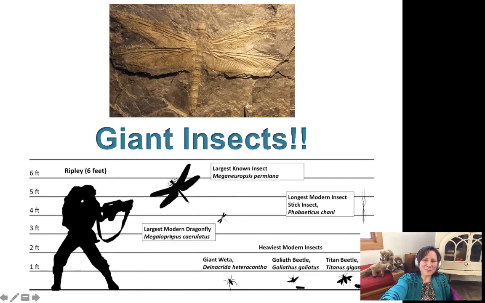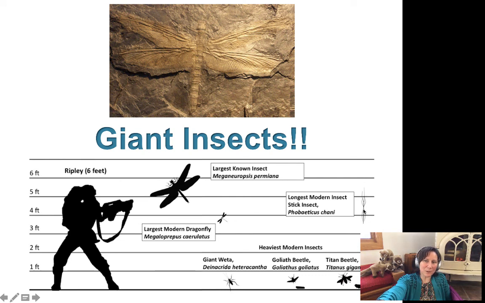So this is a fun little graph from the web. Presumably, I don't know who Ripley is, but apparently it's some kind of soldier dude. Anyway, with higher amounts of oxygen in the atmosphere, you could get really big insects like this largest known Meganeuropsis permiana. And you can get some pretty big insects even today, like stick insects.